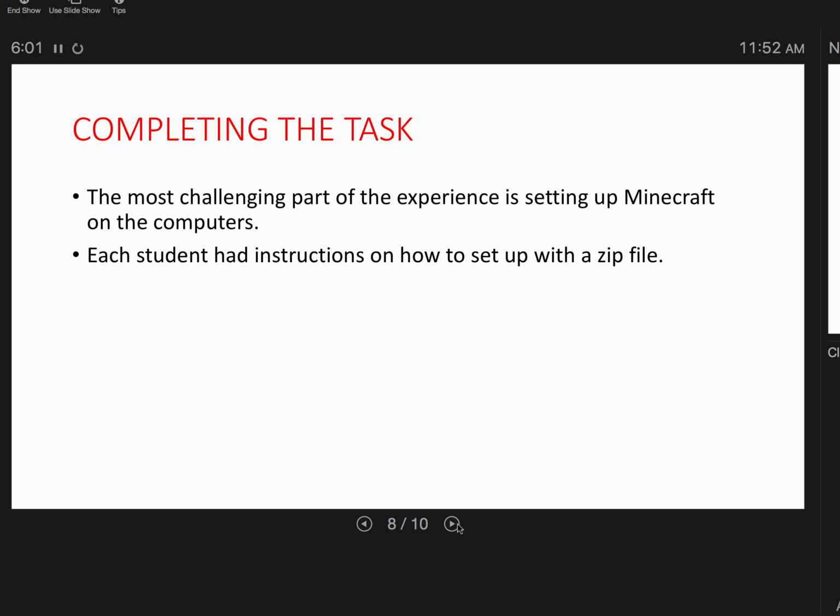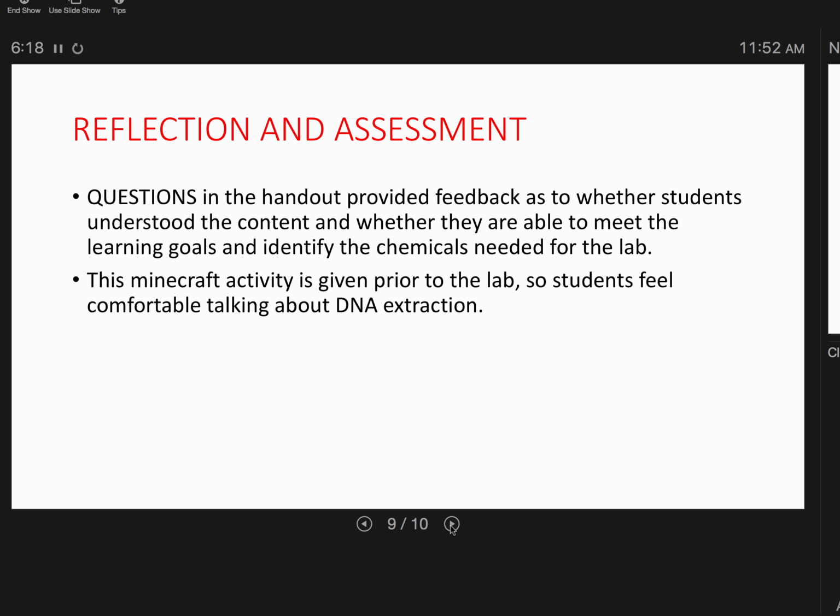So completing the task. The most challenging part of the experience is setting up Minecraft on the computers, and each student had their own instructions on how to set it up. And you can add more to completing this task, such as the assessment and the guide that they use. And then it's always important to reflect, whenever you're designing anything, on what went right, what went wrong, what would I do next time, and also how are you going to fit an assessment into this?